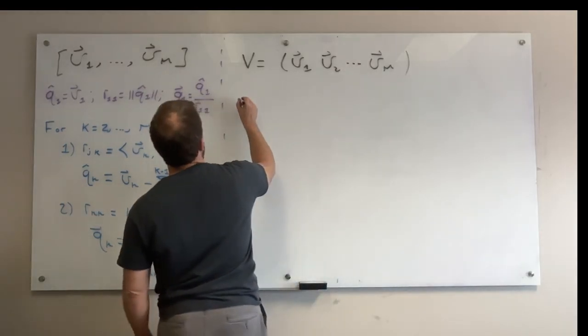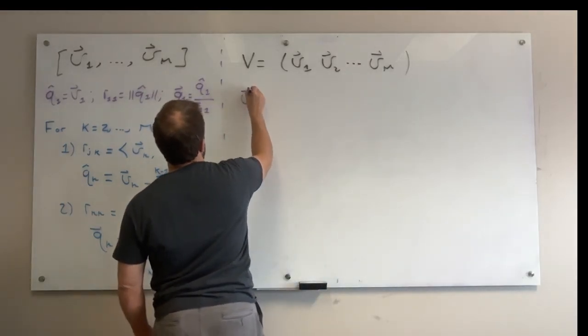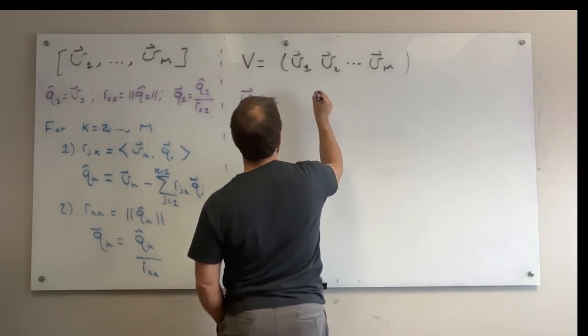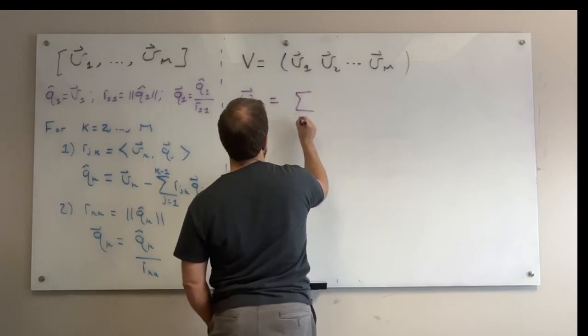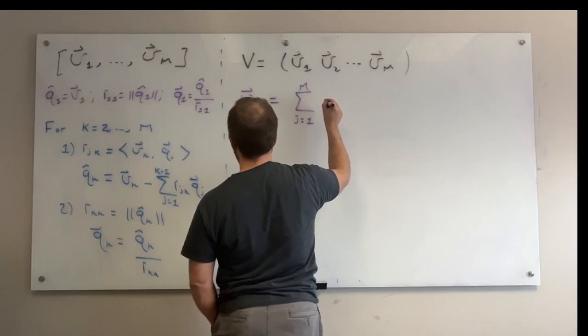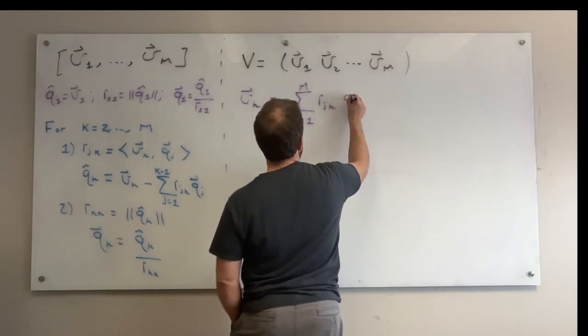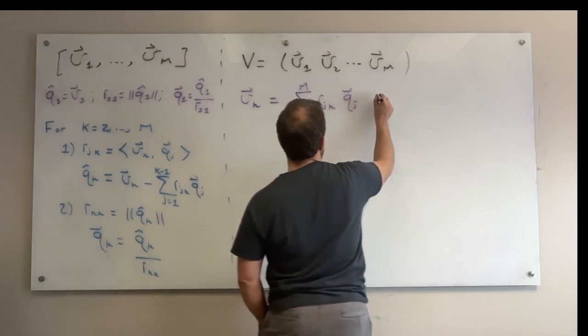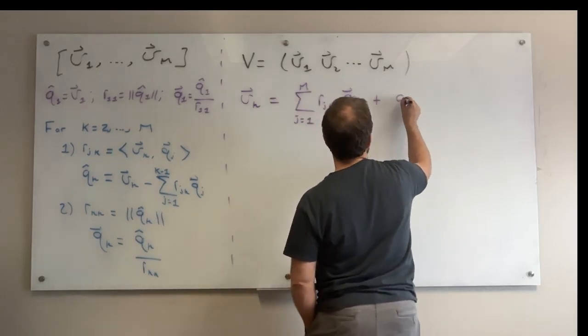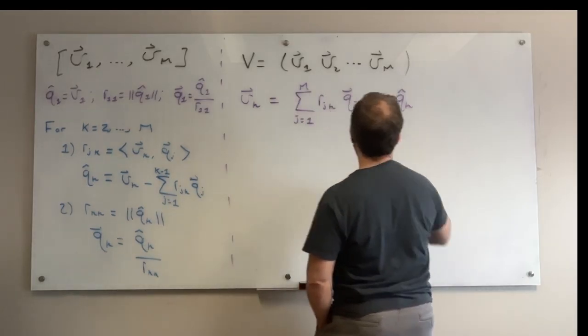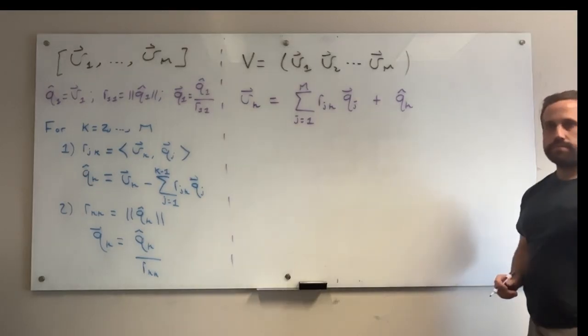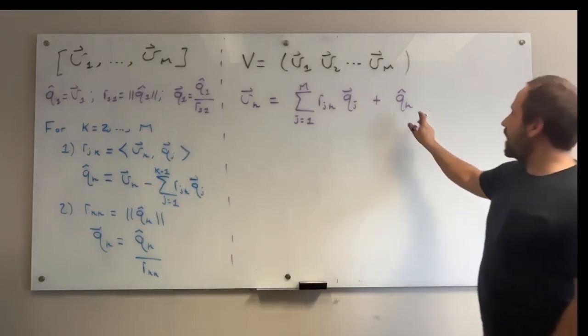Okay, so notice that if I look at this equation right here, I can solve this for vk. And I've got that vk is going to be equal to the sum j equals 1 to k minus 1 of rjk qj plus qk hat. But what is qk hat?